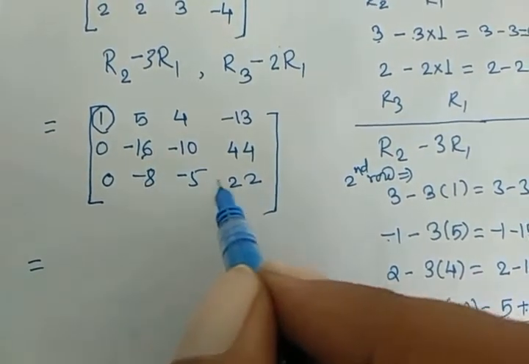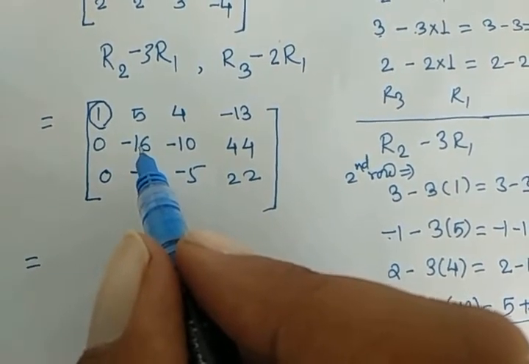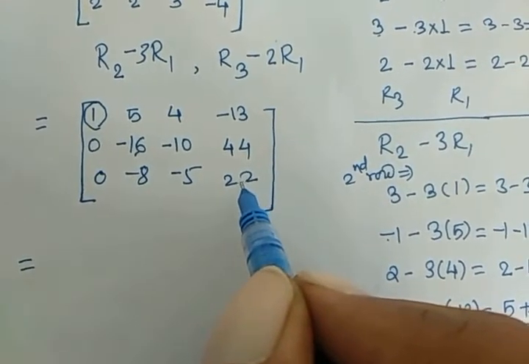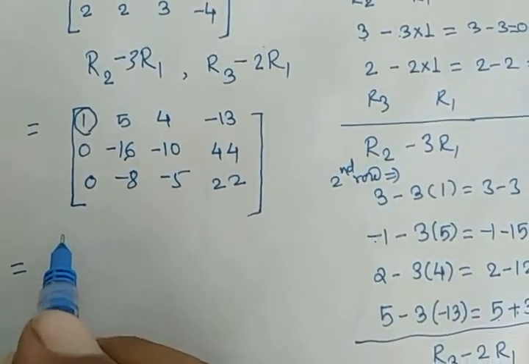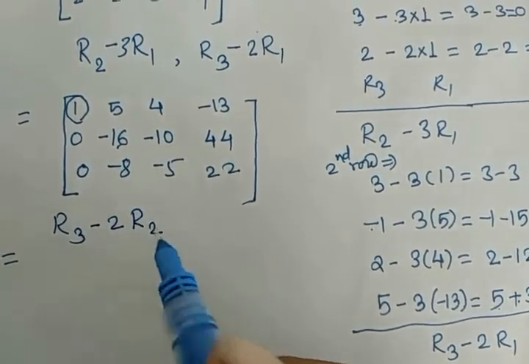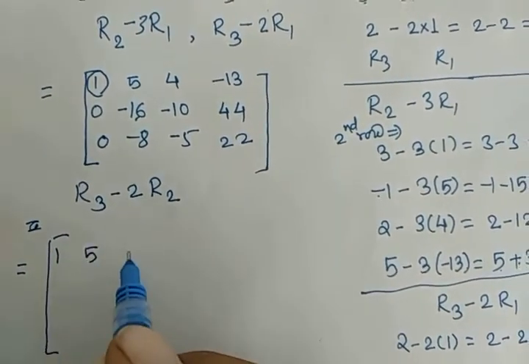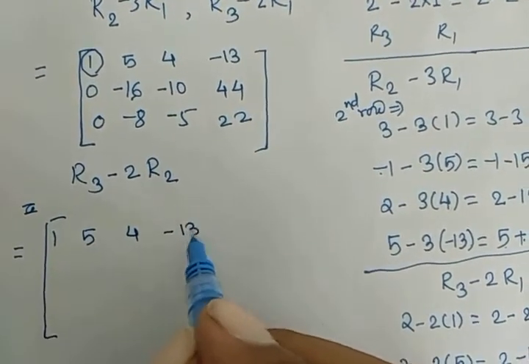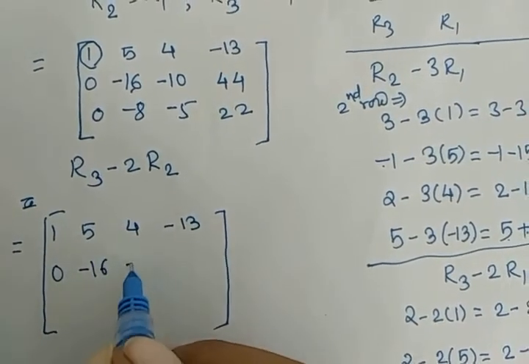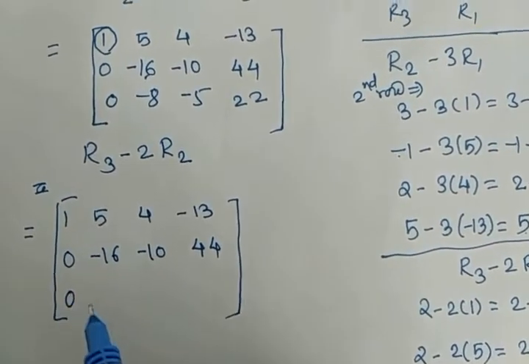If you multiply row 3 by 2 and subtract it from row 2, this whole row will be equal to 0. Row 1 is 1, 5, 4, minus 13 as it is. Second row is 0, minus 16, minus 10, 44.